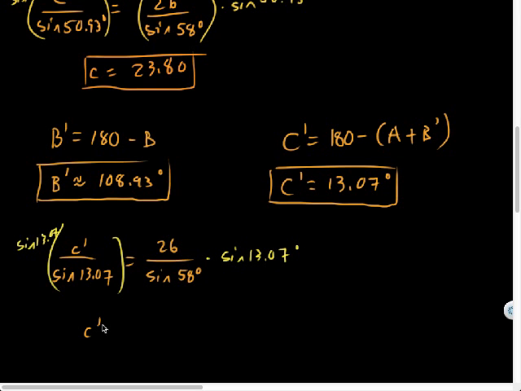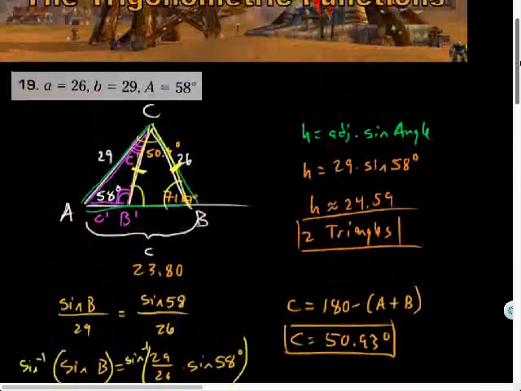And little c prime is equal to 26 times sine of 13.07, divided by sine of 58. And I get 6.953, roughly.